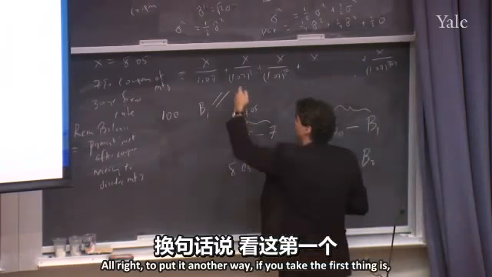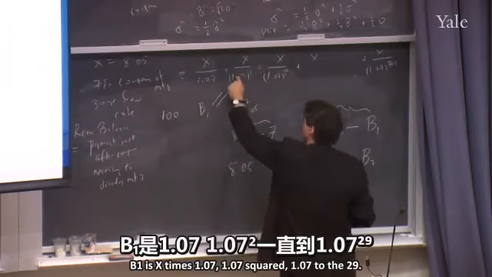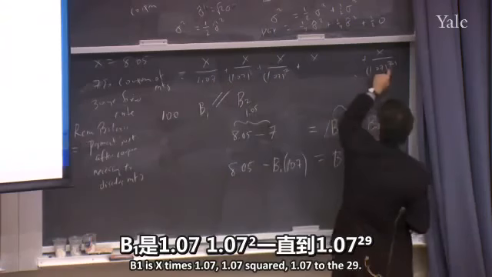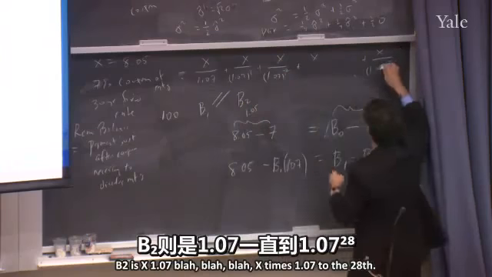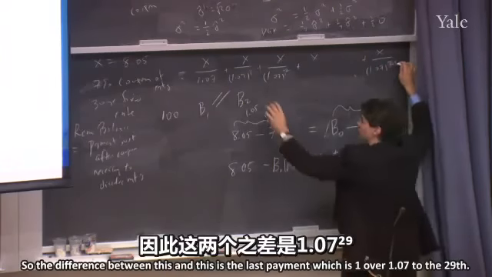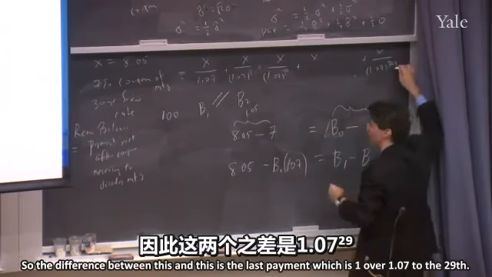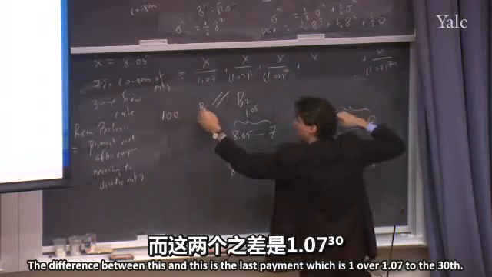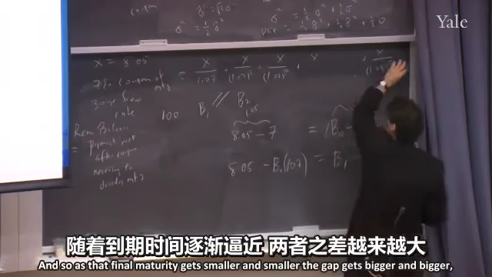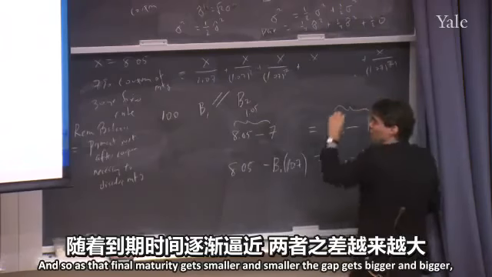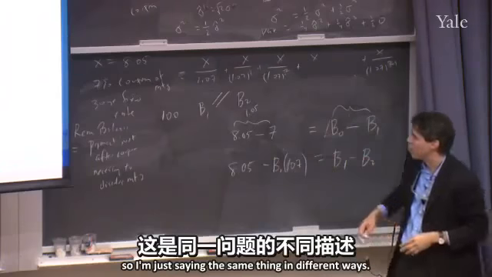Or to put it another way, B1 is x times 1.07, 1.07 squared, and so on; B2 is x times 1.07 to the 28th. So the difference between these is the last payment, which is 1 over 1.07 to the 29th, and then 1 over 1.07 to the 30th. As that final maturity gets smaller and smaller, the gap gets bigger and bigger. I'm just rewriting this, saying the same thing in different ways.